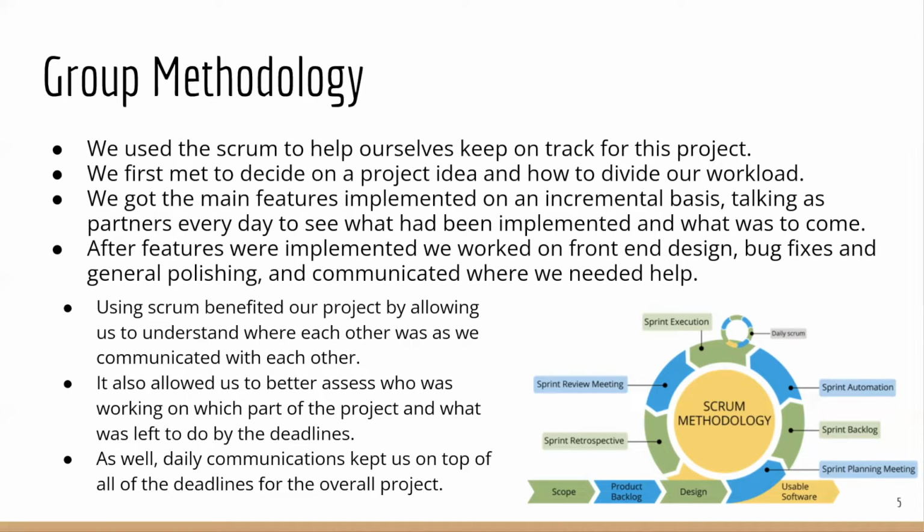After features were implemented, we worked on the front-end design, bug fixes, and general polishing, and communicated where we needed help. Using Scrum benefited our project by allowing us to understand where each other was as we communicated with each other. It also allowed us to better assess who was working on which part of the project and what was left to do by the deadlines. As well, daily communication kept us on top of all the deadlines for the overall project.